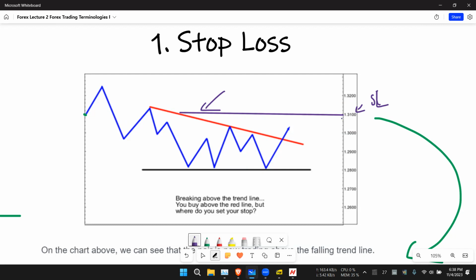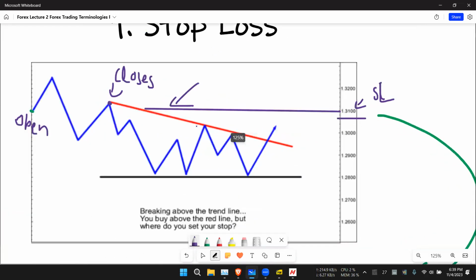So I set up a stop loss of 1.300, so that when it reaches this particular point, it closes the trade. I've opened this trade here and it closes here. So what I have done is I prevented the loss from happening here. I didn't go down and down and down from here. I didn't go to this point.